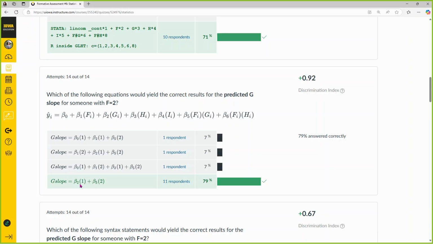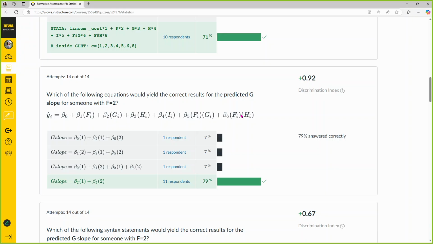Now let's think about our finding of the slope. So if I want to predict G slope, I have 1, 2, 3, 4, 5, 6, 7. I have 7 different terms. What is the first term that I want to include when I'm trying to find the G slope? Just tell me number 1 through 7.